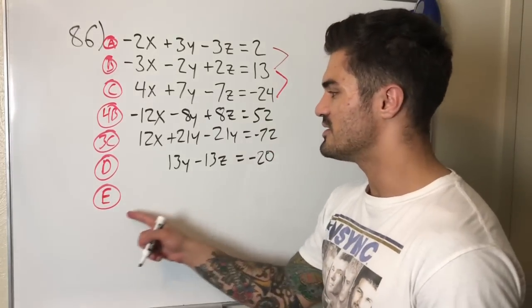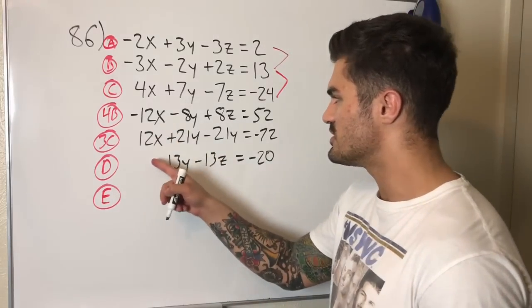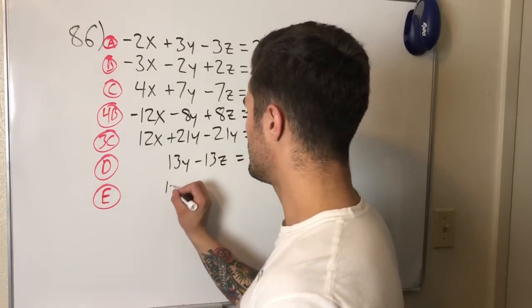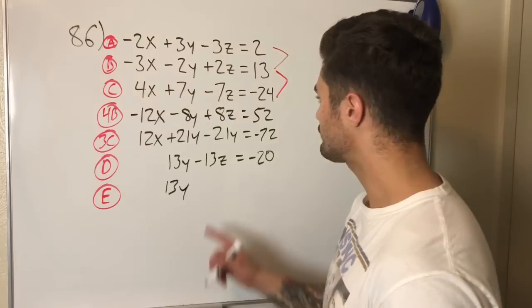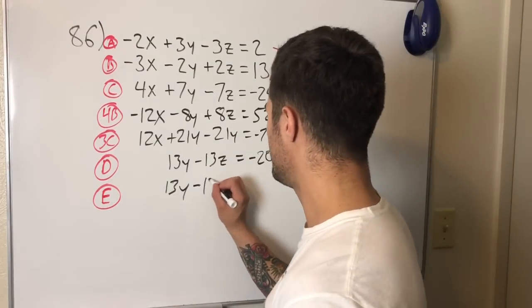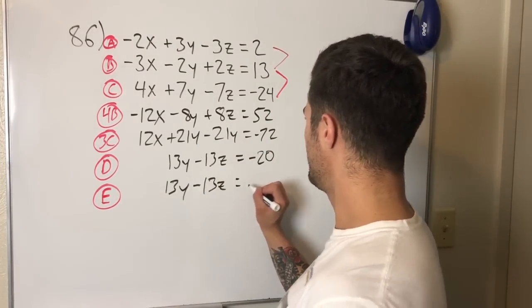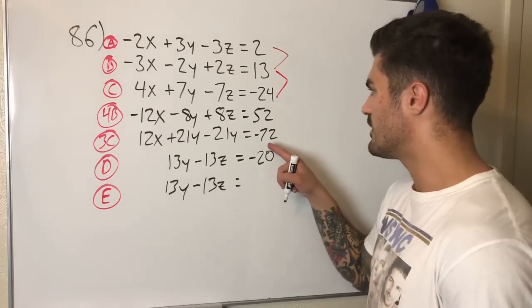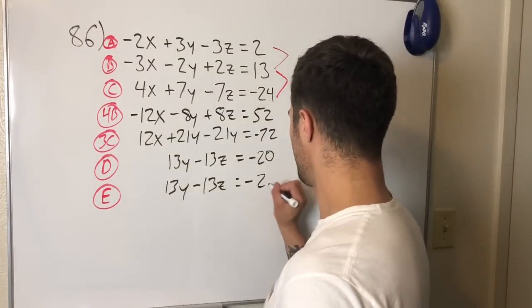Now if I combine these, I get my e. What do I get? That becomes a 0. This becomes a 13y. Oh, I see what's going to happen here already. This becomes a minus 13z. And this equals what? When I add down, I get negative 20.